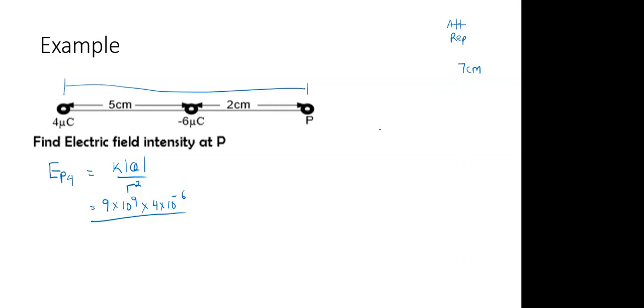Change to meters. 7 times 10 to the power negative. So what shall we write down here when you change? 7 exponent negative 3. Is it negative 3? Negative 2. Negative 2. Very good.